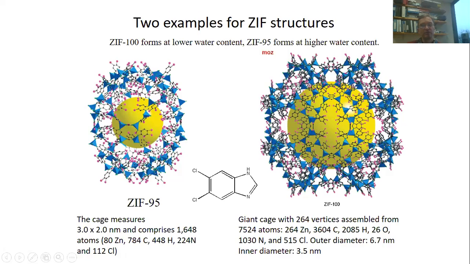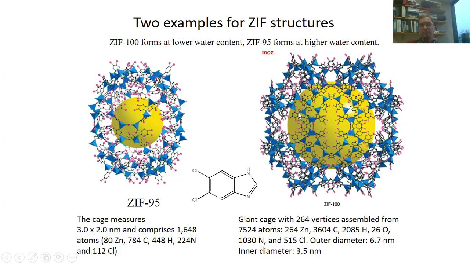This one here makes a giant cage that measures approximately 3 by 2 nanometers and comprises 1,648 atoms. These are 80 zinc atoms, 784 carbon atoms, 448 hydrogen atoms, 224 nitrogen atoms, and 112 chlorine atoms.